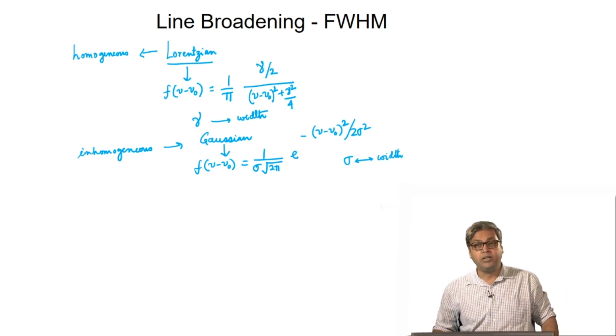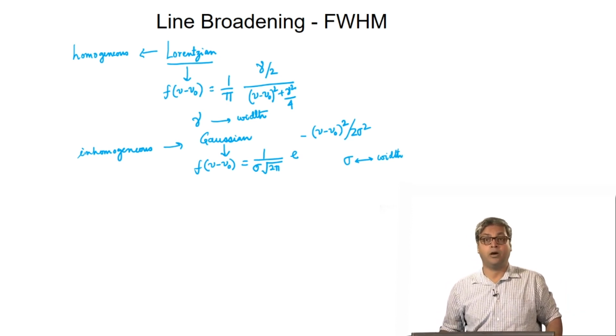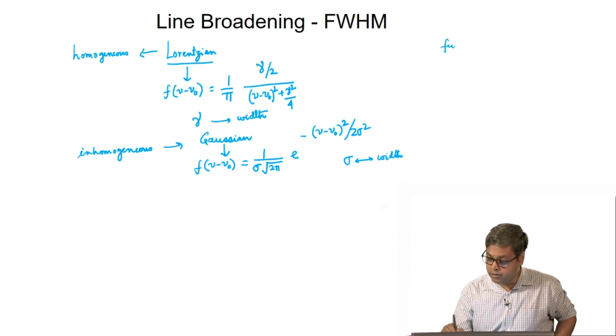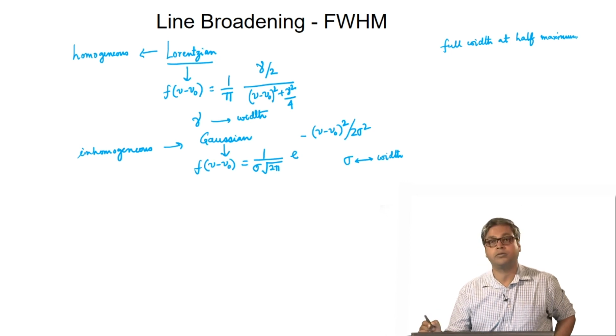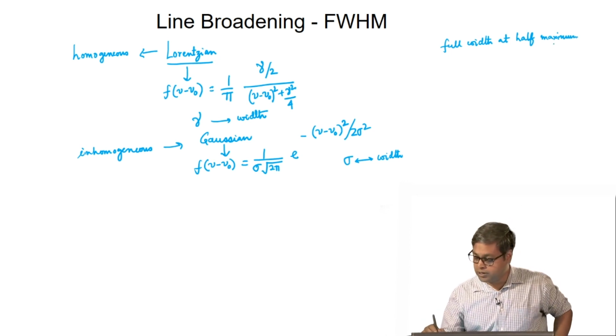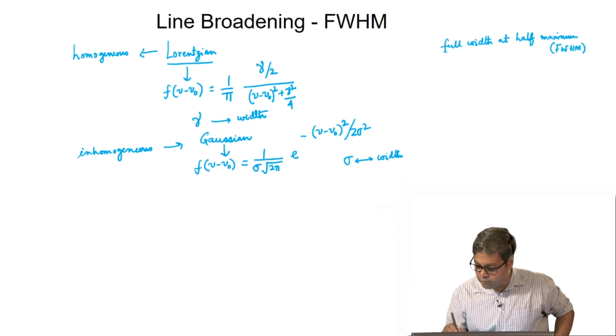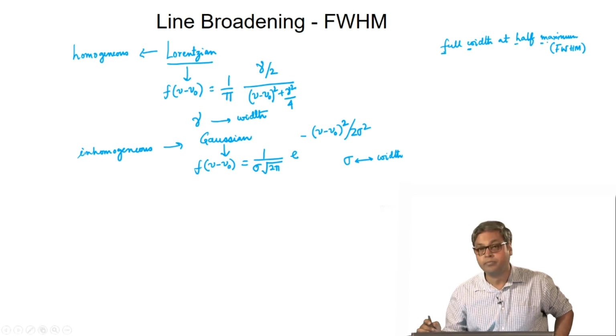So, we can quantify the width of the observed spectrum in terms of full width at half maximum. This is also written as FWHM, from the initial letters of full width at half maximum.